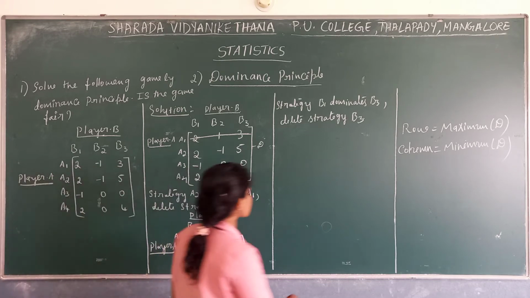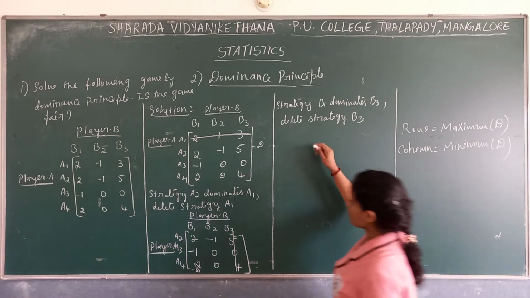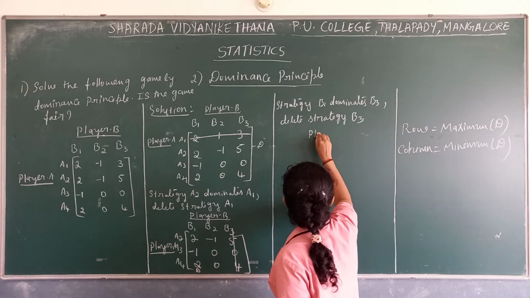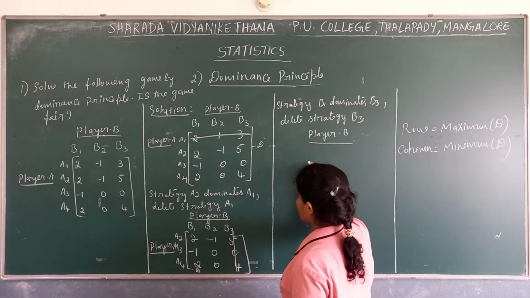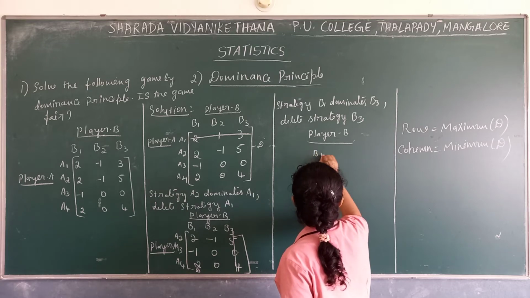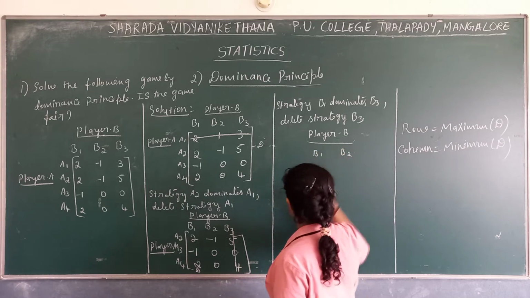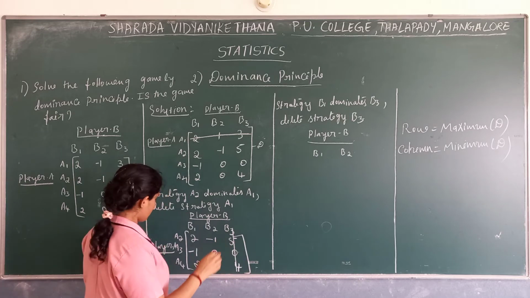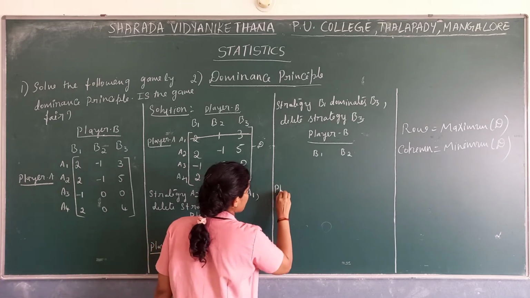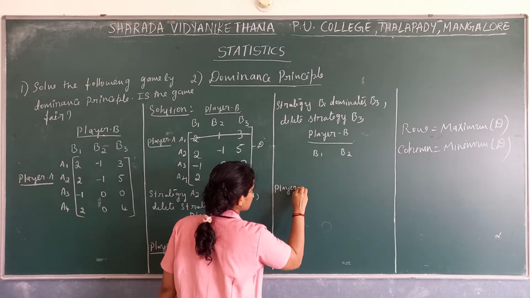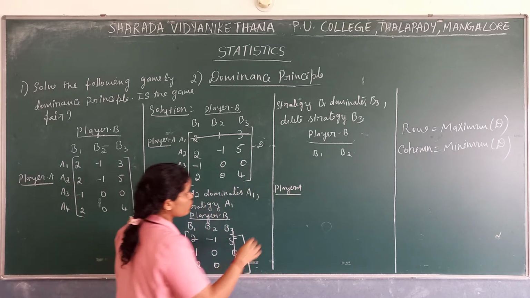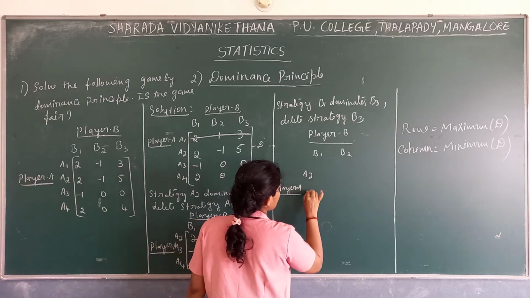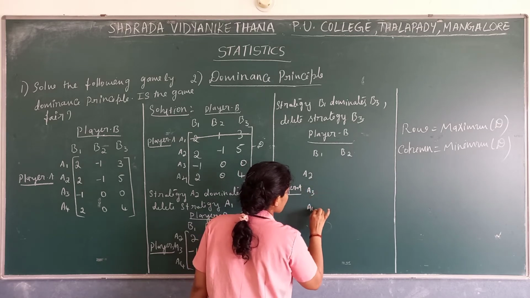Now next one, what is remaining here? Players B1 and B2, and player A2, A3 and A4.